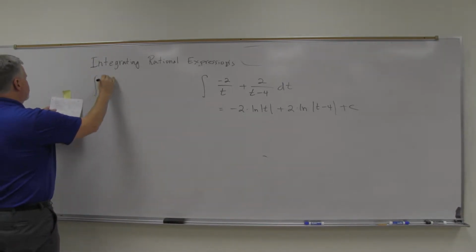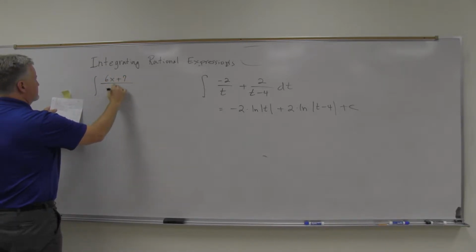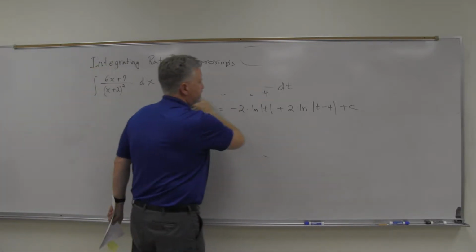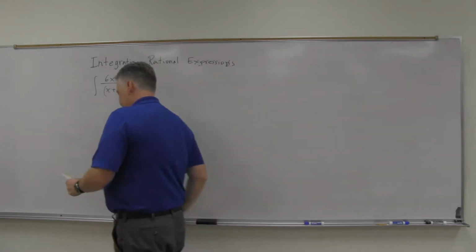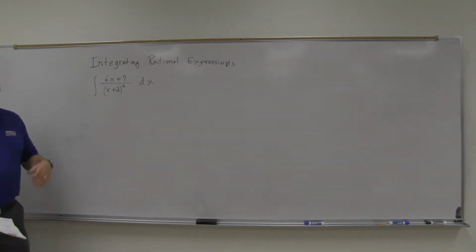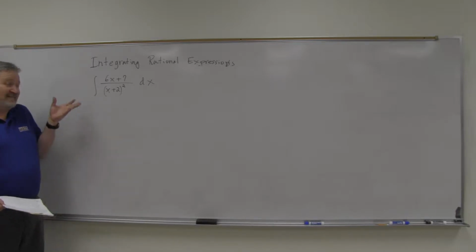Integral of 6x plus 7 over x plus 2 squared dx. All right, first of all, it's basically already factored.